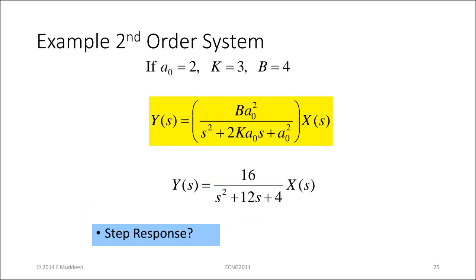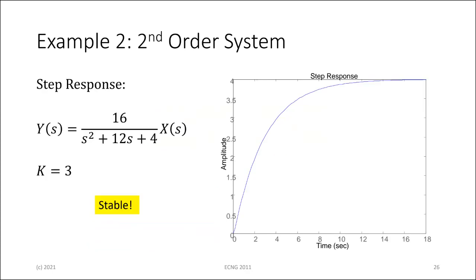Now we go the other way, where k is positive, and in fact comfortably positive, by picking a value of 3. So a is 2, b is 4, and this is now the transfer function. What does the step response for that look like? Put in the step, and here it is. Remember you put in a unit step.